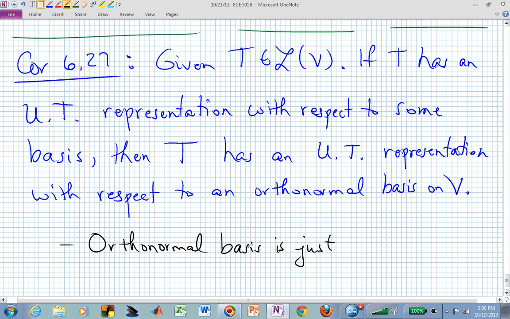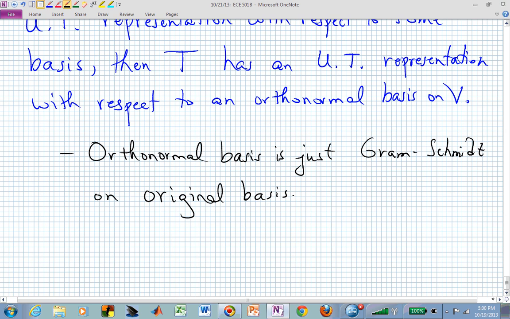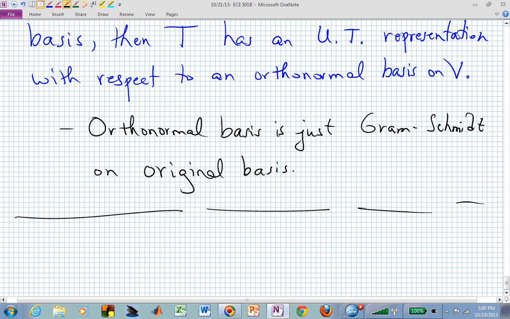So the orthonormal basis is just the Gram-Schmidt orthogonalization process on the original, maybe it wasn't orthonormal, but it was a basis, we can now create an orthonormal basis using the Gram-Schmidt approach. So that Gram-Schmidt approach is very powerful.